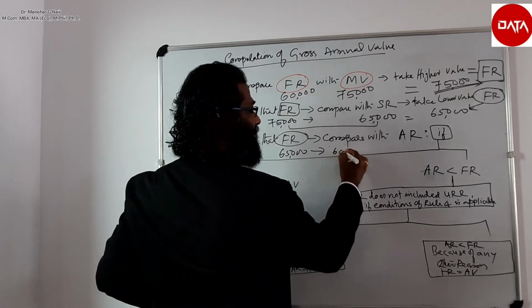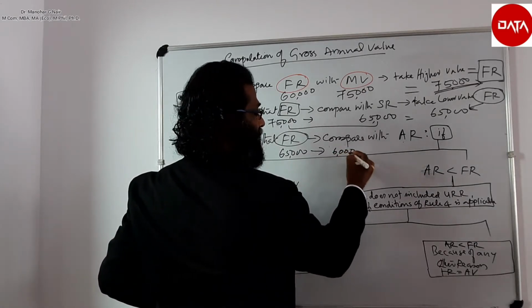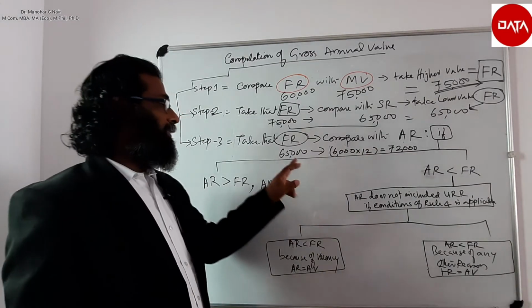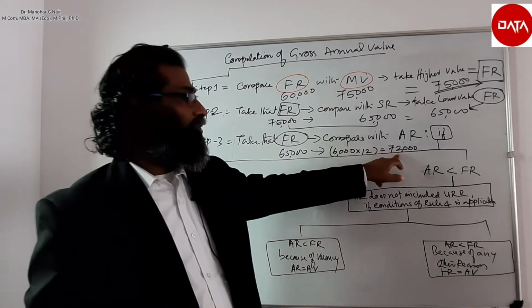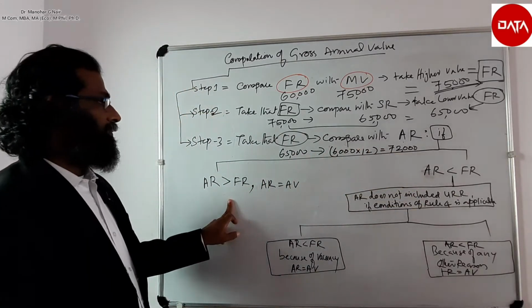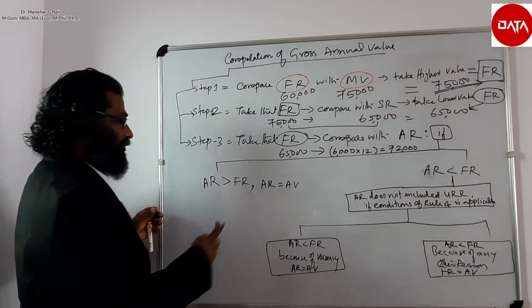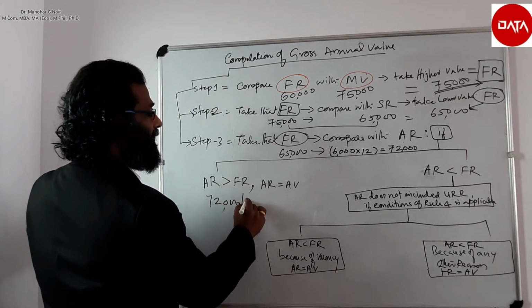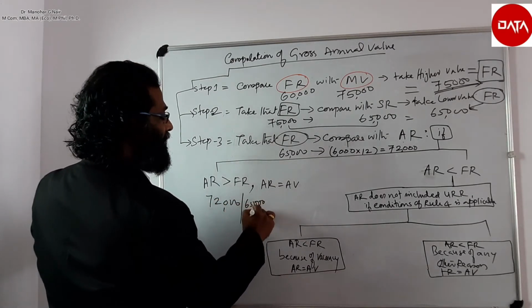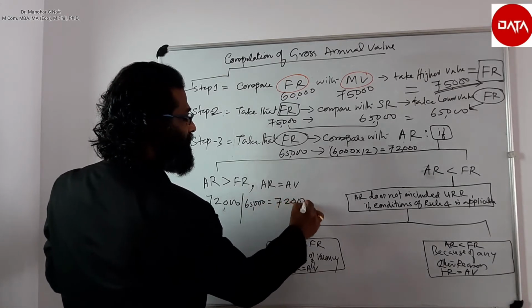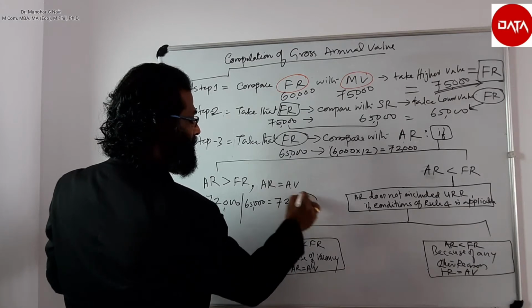Suppose the actual rent is 6,000 for 12 months. If the actual rent is more, here the actual rent is 72,000, then the fair rent is 65,000. Then the actual rent is the annual value. Here 72,000 is the annual value.